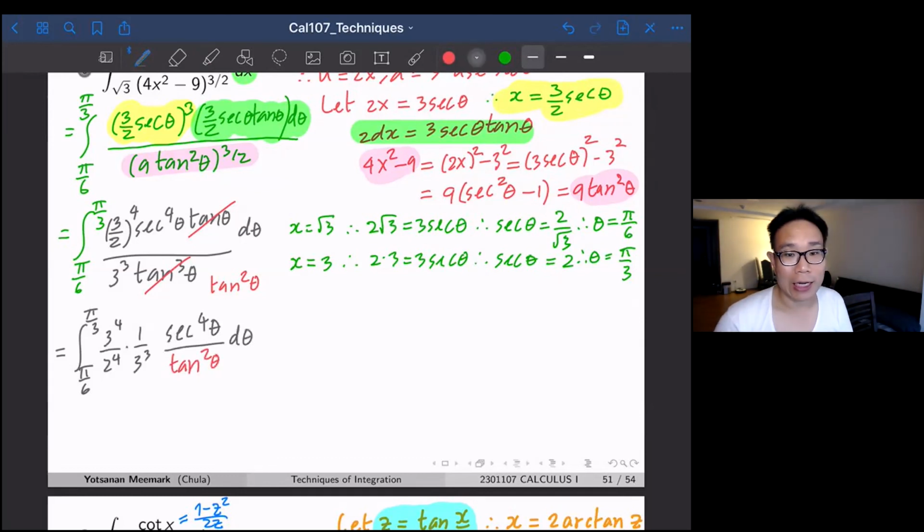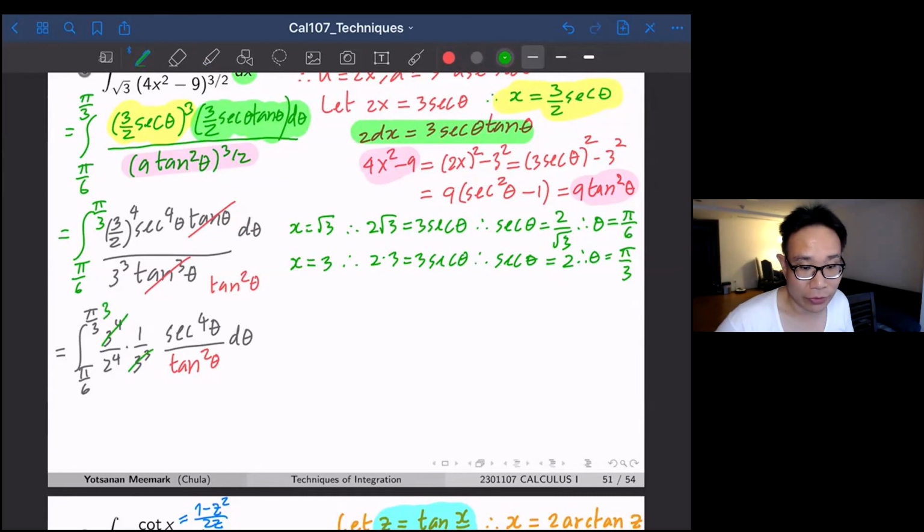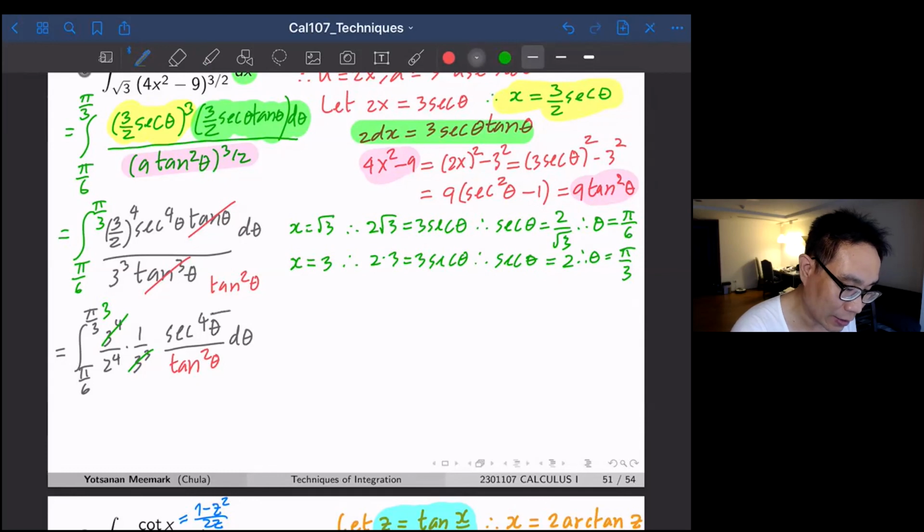I'll let you stare at this one a little bit, since it seems kind of messy. The thing that you do is get rid of the 3, so it's going to be 3/16 outside, and you integrate sec to the fourth over tan squared. You see that it is an even power of secant.